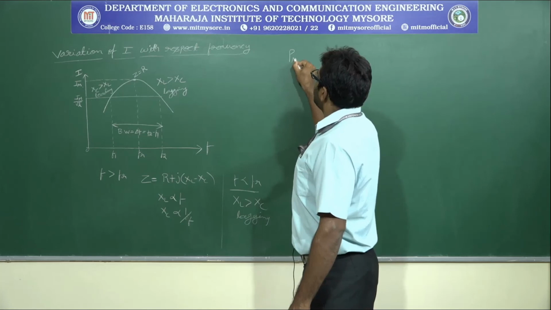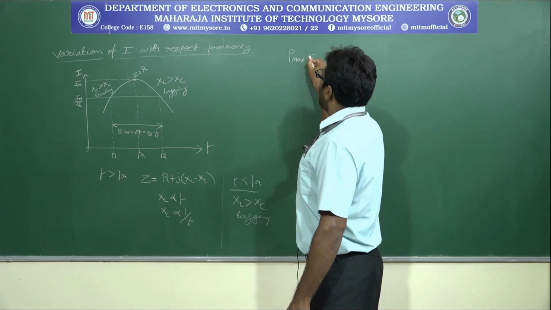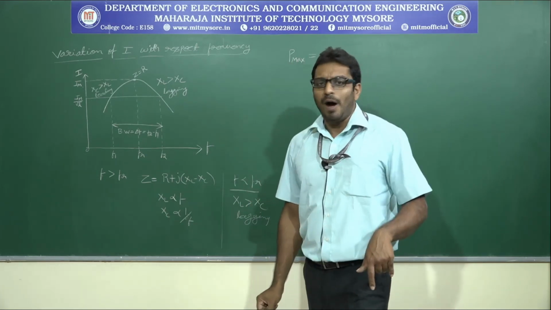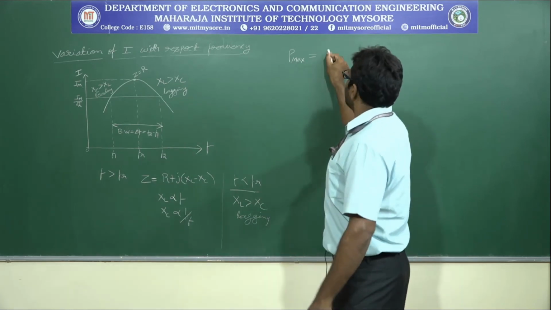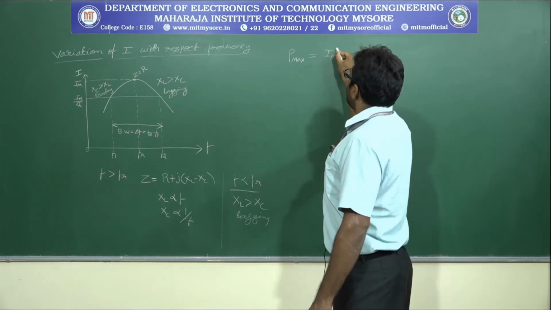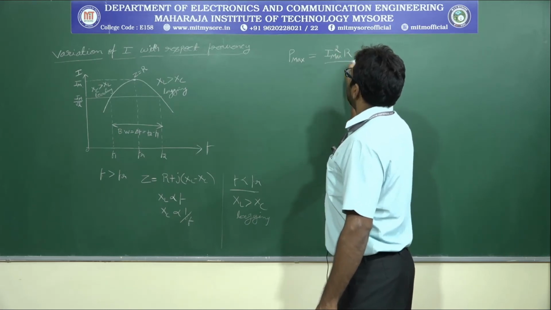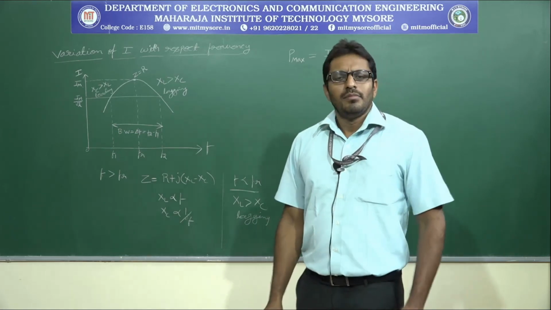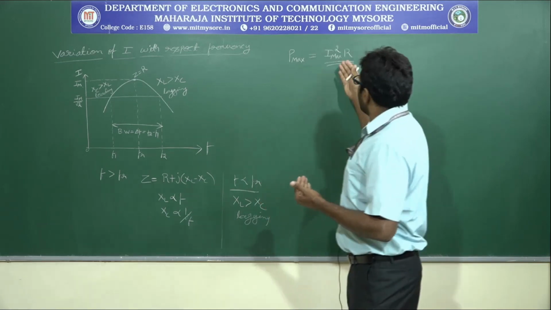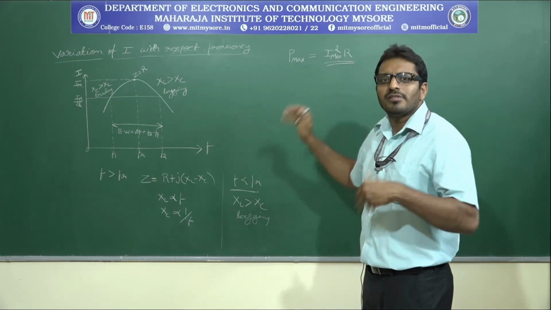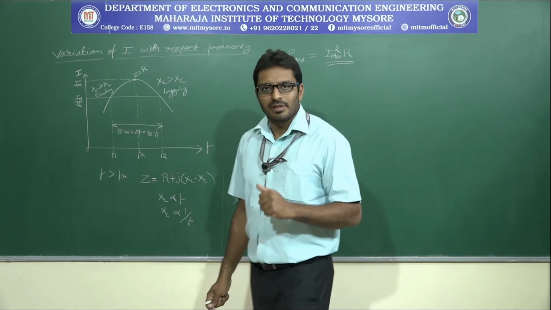Say P max is equal to, P max means maximum power, that is equal to maximum current square into R. Because at resonance, Z behaves like a resistance.